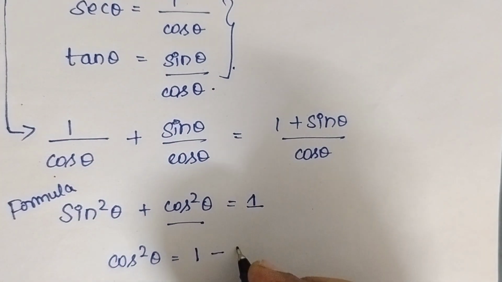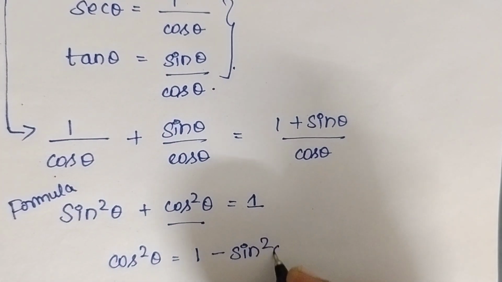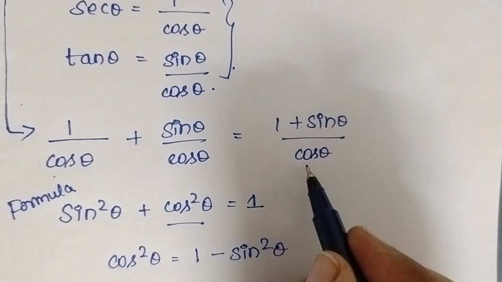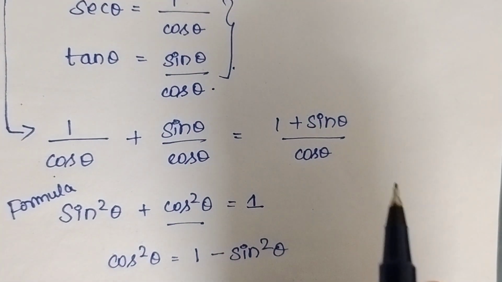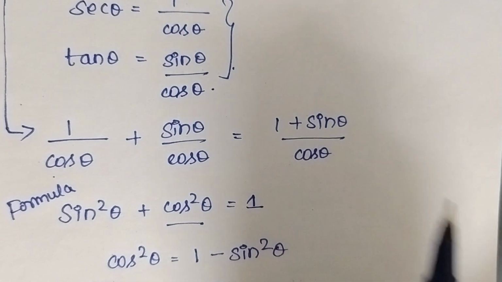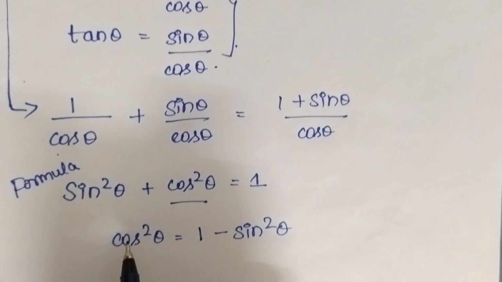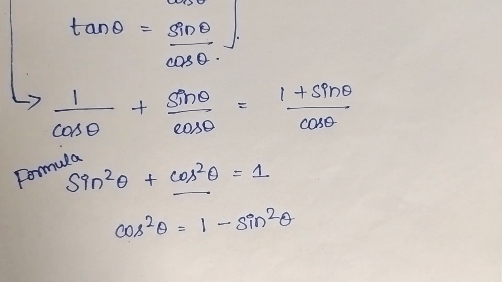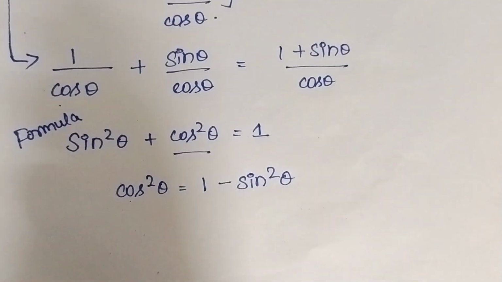Therefore, cos square theta equals 1 minus sin square theta. If you want to remove a square, what do you have to do? Take the square root on both sides.